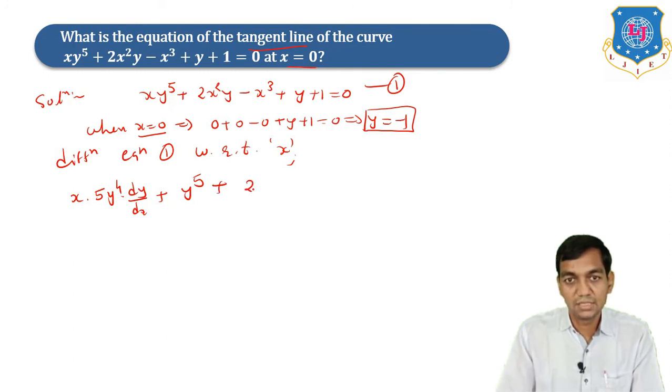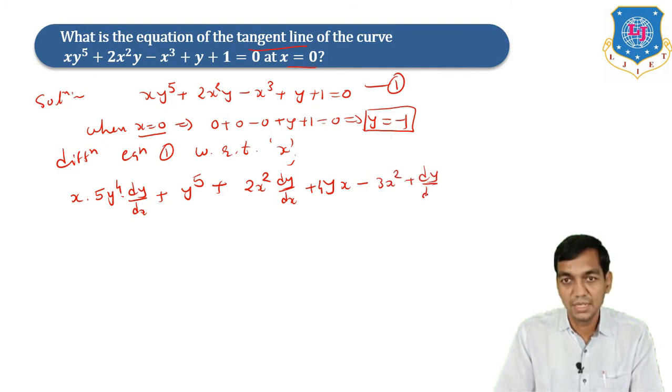In the same manner, 2x square as it is, derivative of y is dy by dx, plus y as it is, derivative of 2x square, that will be 4x, minus x cube has a derivative 3x square, and y has a derivative dy by dx. 1 has a derivative 0, 0 has a derivative 0.